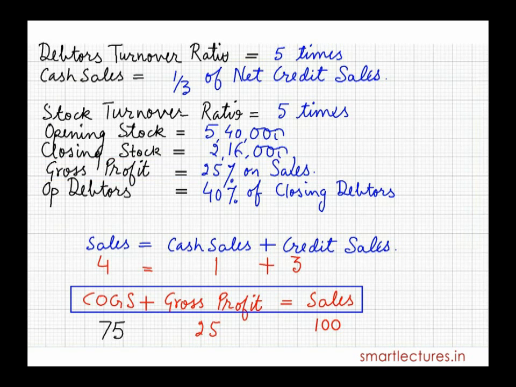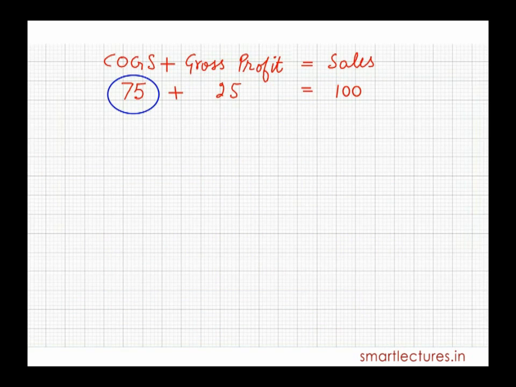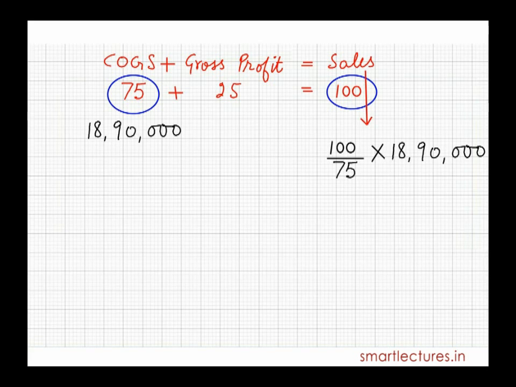But in our question, cost of goods sold is 18,90,000. So in that situation, the total sales will be 100 upon 75 into 18,90,000 rupees, means 25,20,000 rupees.